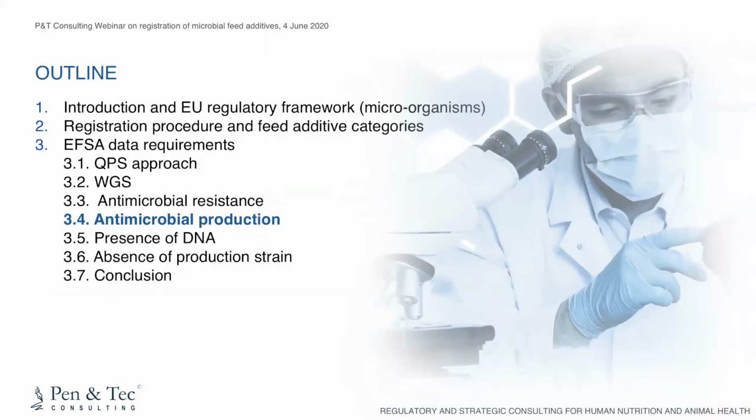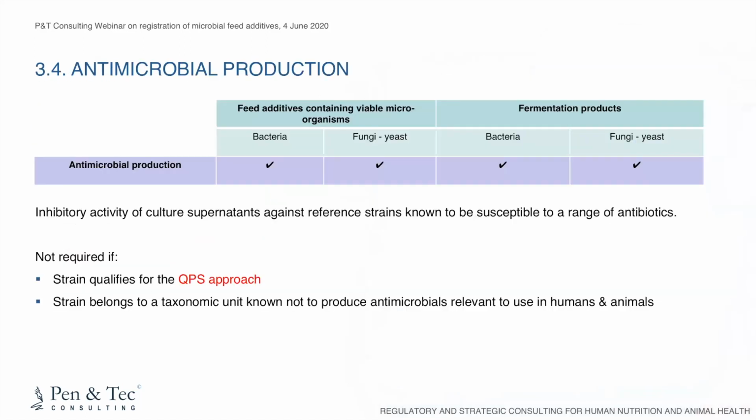In relation to antimicrobial production, unless a strain qualifies for the QPS approach, or belongs to a taxonomic unit known not to produce relevant antimicrobials, testing should be made to assess the inhibitory activity of culture supernatants against reference strains that are known to be susceptible to a range of antibiotics.